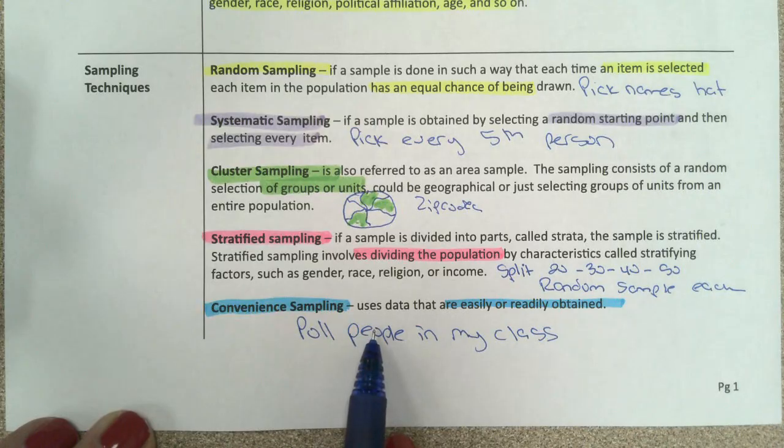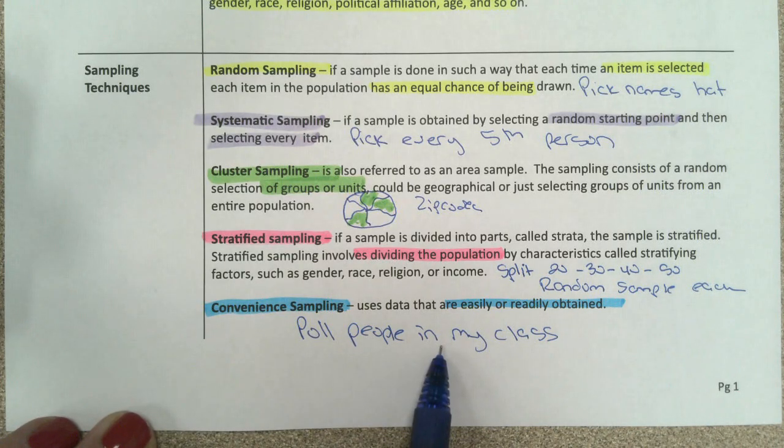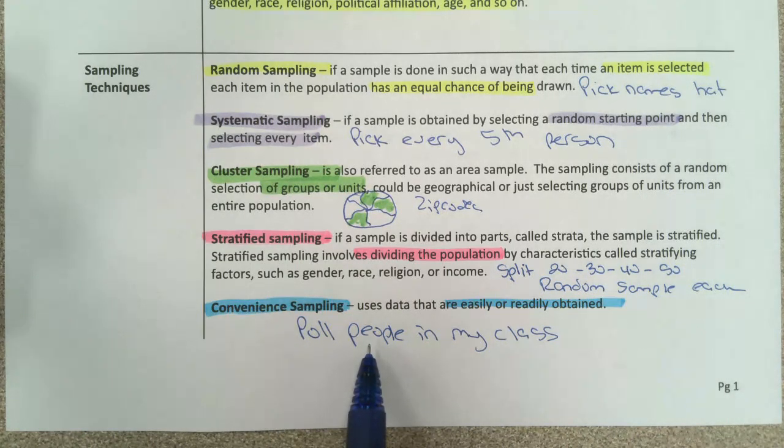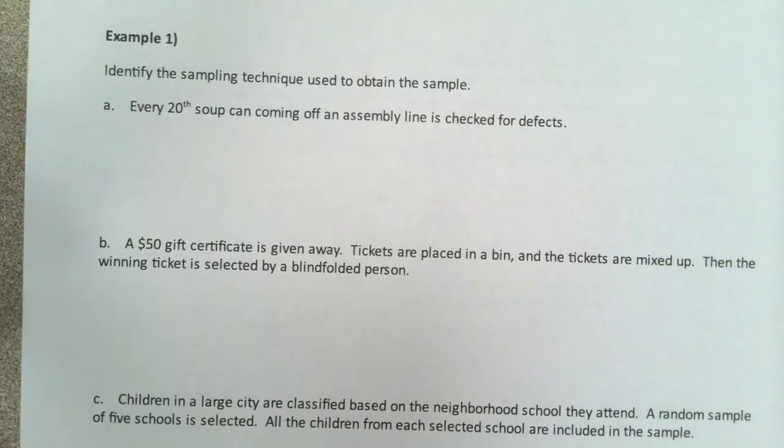For me, I basically only teach juniors and seniors. And so if you were trying to get data about the entire school, that would not get you data about the entire school because my students can drive, they can get a job, and the freshmen and most of the sophomores cannot. So those are some of the upsides and downsides to each sampling.